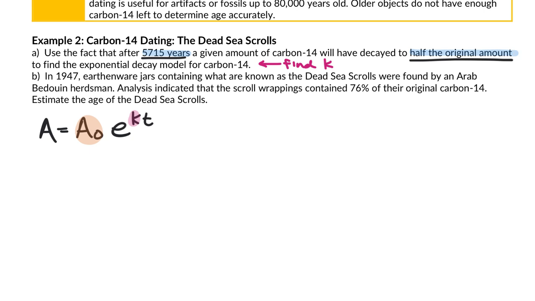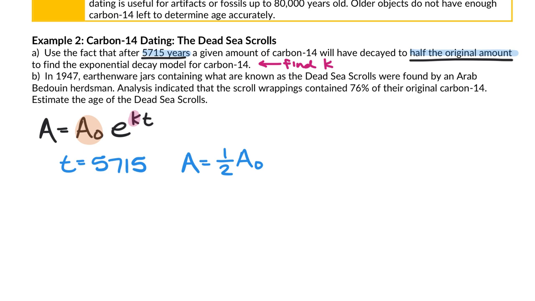So what this is saying, again, just to give us a little bit more information on our notes, our time is 5,715 years. The other thing we had in the other problem was the final amount. That's what we got from the other coordinate point when we were solving for k. Well, the other coordinate point here says that the amount left over is half of the original amount.